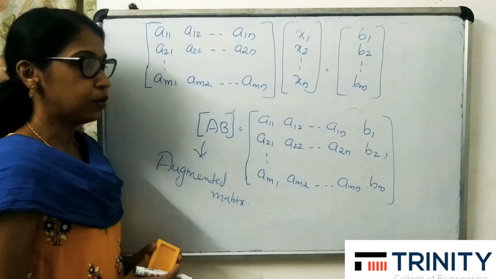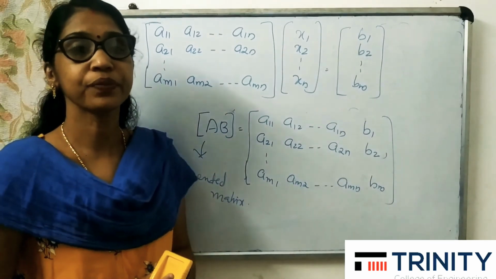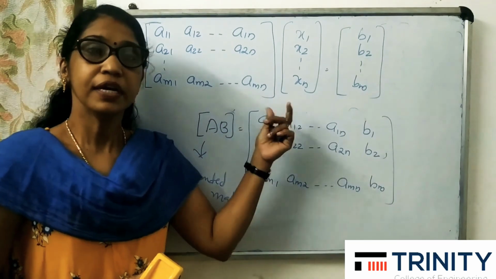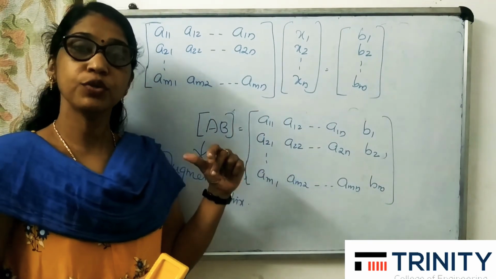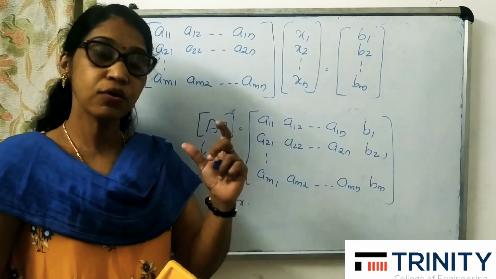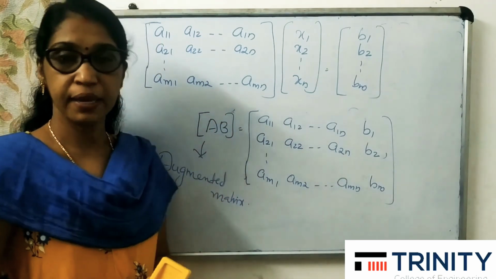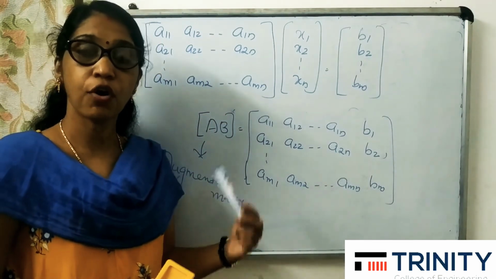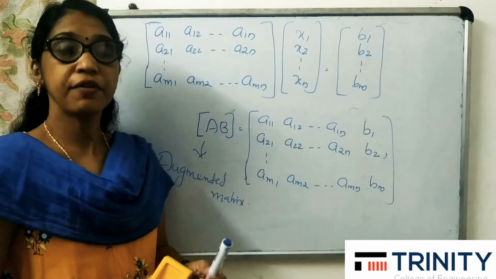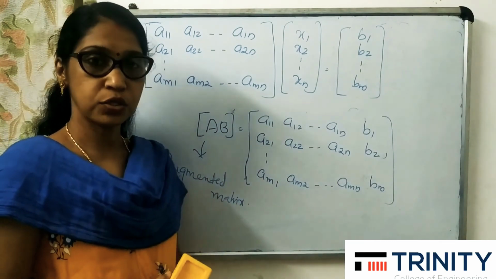Okay. Now, for the solution, first we find the rank of this augmented matrix AB, and from that we get the rank of A also.